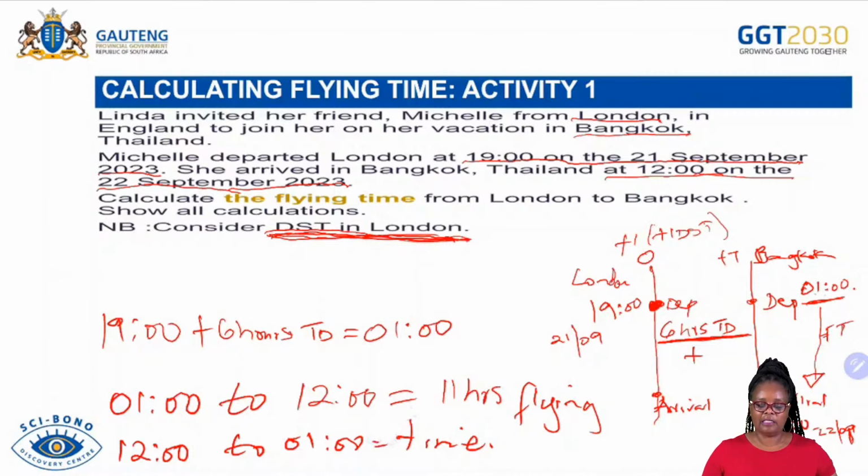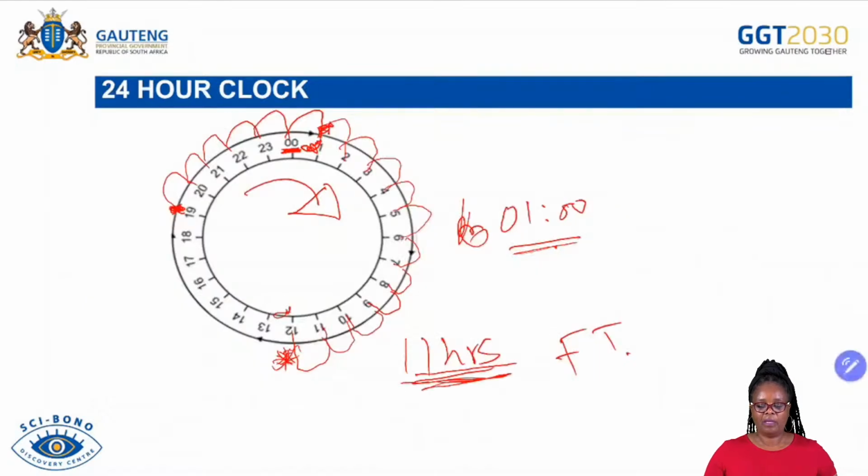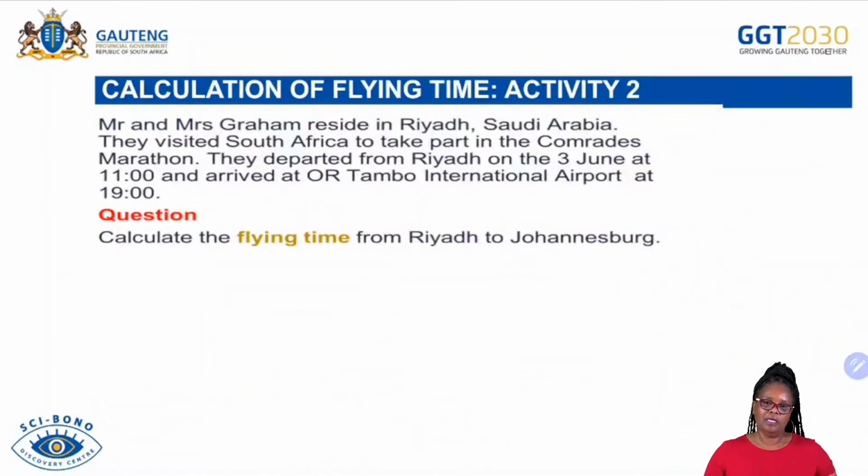Let's look at activity number 2 so that we see if we understood the first one or not. It says, calculation of flying time. Mr. and Mrs. Graham reside in Riyadh, Saudi Arabia.